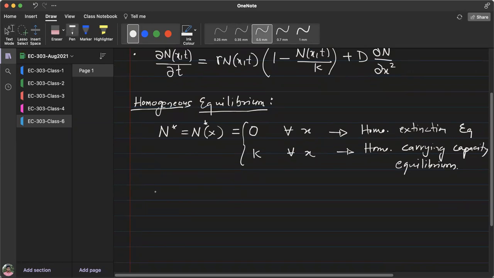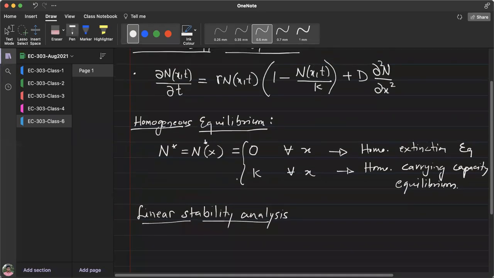Okay, and then we did two things last time. One is that we made an attempt at linear stability analysis. Right? And what did we find?